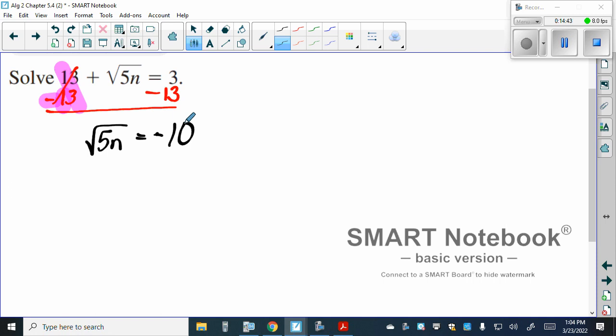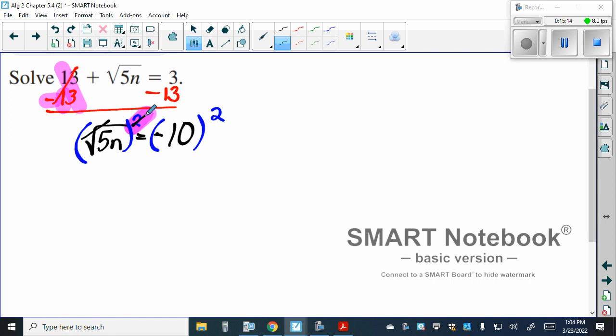What can we do next? Exactly, we can square both sides. Put both sides to the nth power. Now on the left-hand side, we have the square root of 5n squared. And as we've seen over the past few days, those square roots and squares will cancel out because a square root is the same as the 1/2 power. 1/2 times 2 is 1.